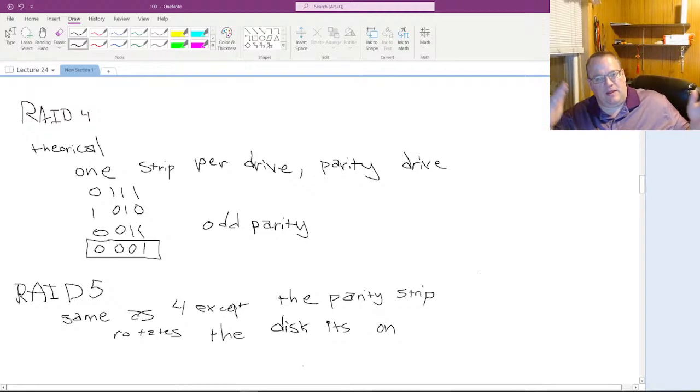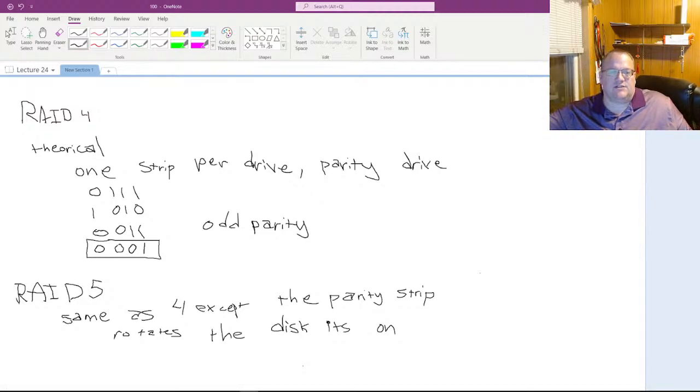So, say you had 7 disks, and so it would be on the 7th disk to start with, and then the next time you wrote more strips, it would be on the 6th disk, and then the 5th disk, and then the 4th disk. And this is where it actually is faster. So you'd say, well, that doesn't speed anything up. But it does, because we write on the first 6 drives, and then we have to calculate our parity strip.